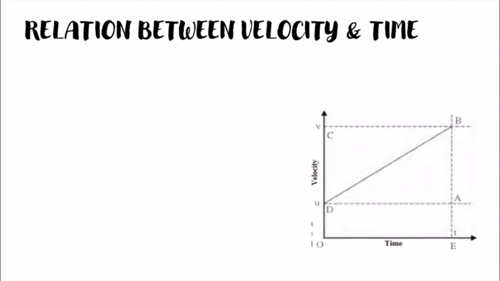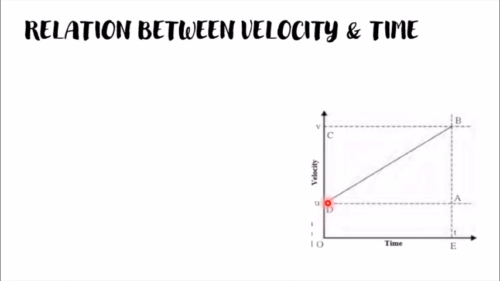Let's start with the first equation, describing the relation between velocity and time. The graph here shows the change in velocity with time of a uniformly accelerated object. The object starts from point D, so we will mark it as u, the initial velocity.